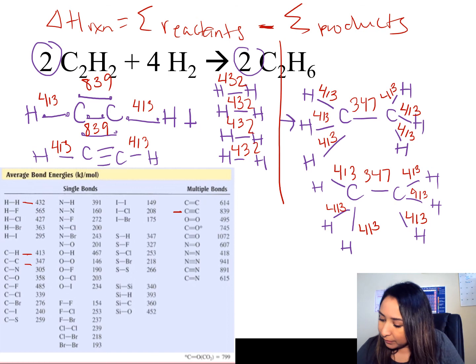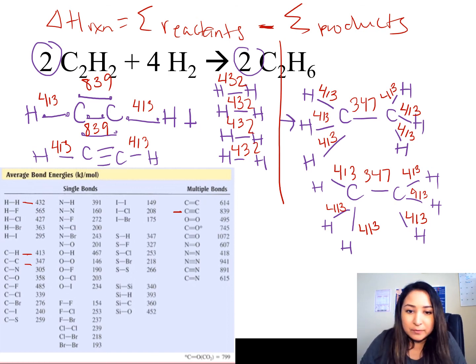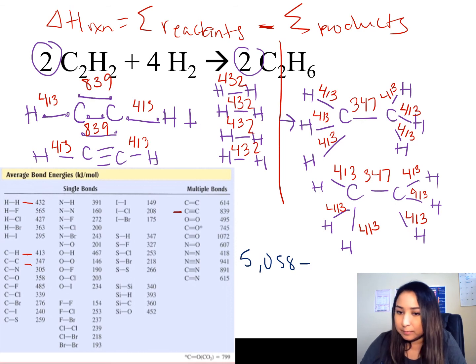We add all that up and we get 5,058. Minus, now we do the products. So I see 413 times 12 and then plus the 347 plus 347, we get 5,650.